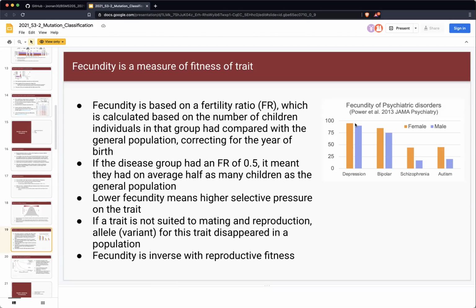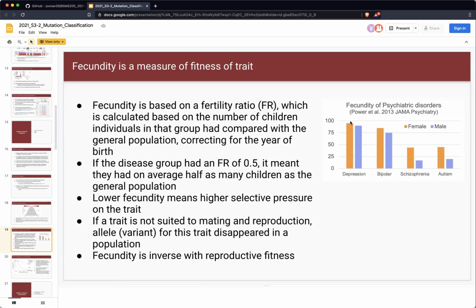The general population includes some depressive people and other non-depressive people, all mixed up, just the general population. Individuals diagnosed with depression have maybe a 10% or 20% reduction of fertility compared to the general population.